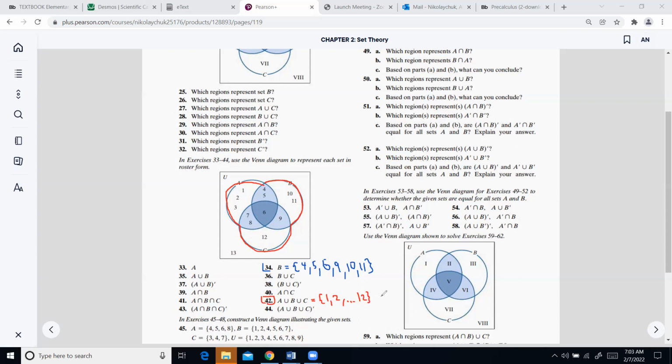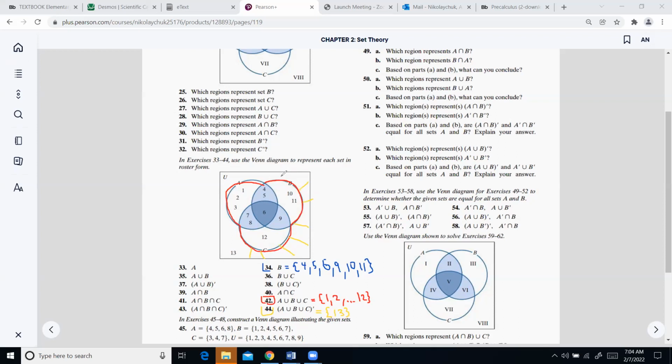If someone considered the next problem, number 44, then the complement of this set that I just highlighted in red will have element 13 in it, because that would be everything on the outside, right?